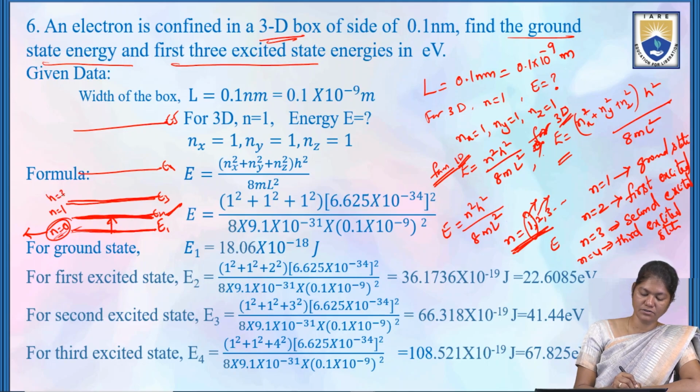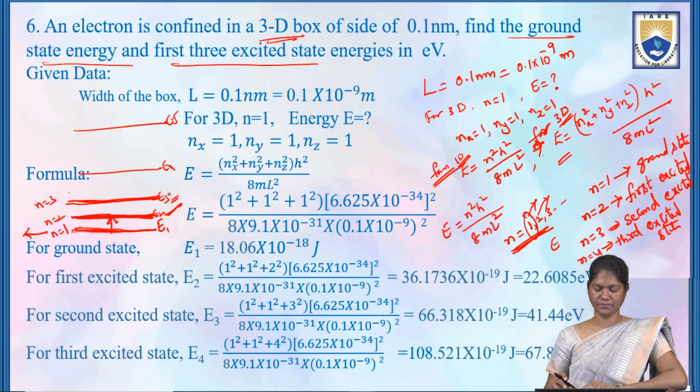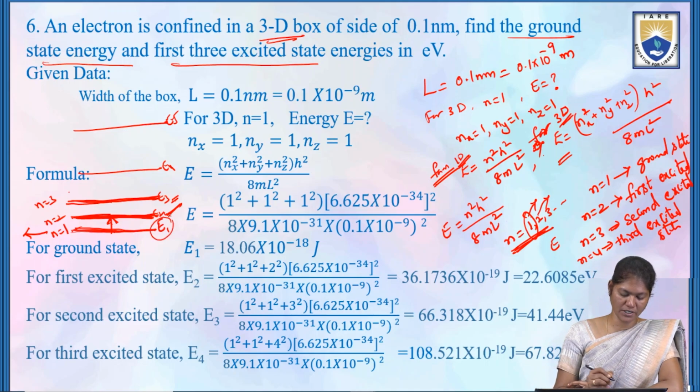So n is equal to 1, we'll get ground state energy. n is equal to 2, we'll get the first excited state. n is equal to 3, we'll get the second excited state.